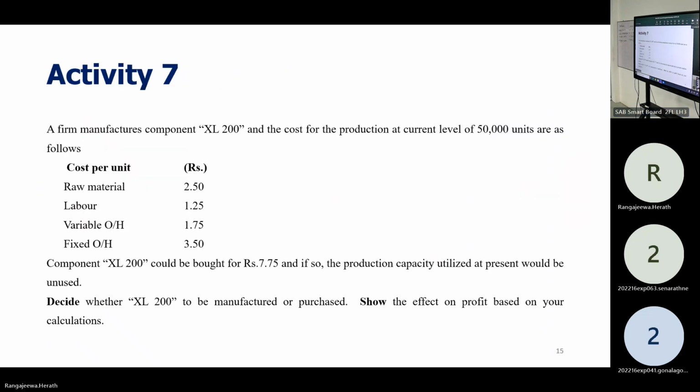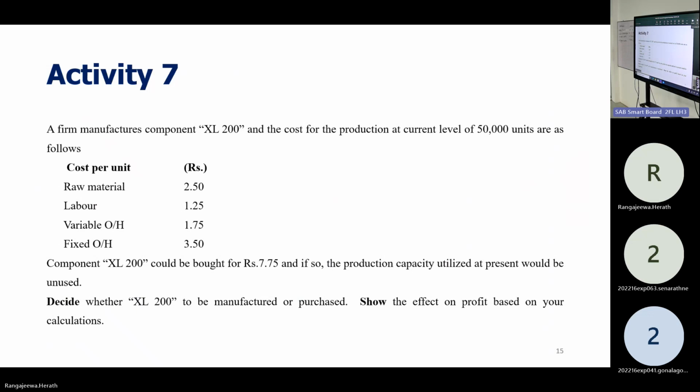Okay, here we have an activity. A firm manufactures XL 200 component. The cost of production at the current level of 50,000 units: raw material 2.5, labor 1.25, variable overhead 1.75, fixed overhead 3.75. The component can be bought for 7.75.